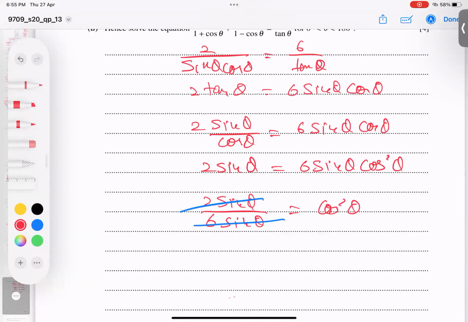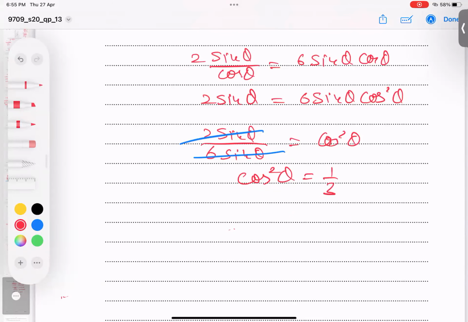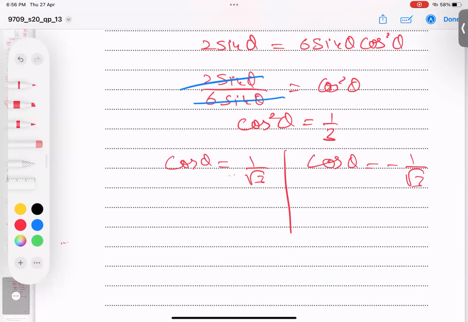And I will get what here? 1 over 3. So cos square theta equal to 1 over 3. And I take a root of both sides. I got cos theta equal to 1 over root 3 positive and cos theta equal to negative 1 over root 3. Reason, whenever I take root, I always get a plus and minus. So I hope it is clear up till now.